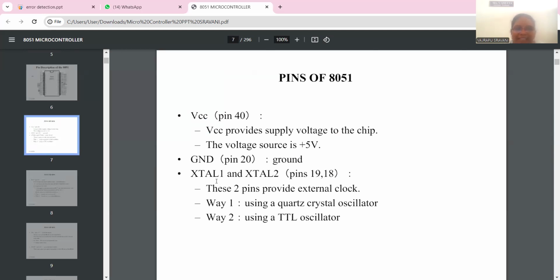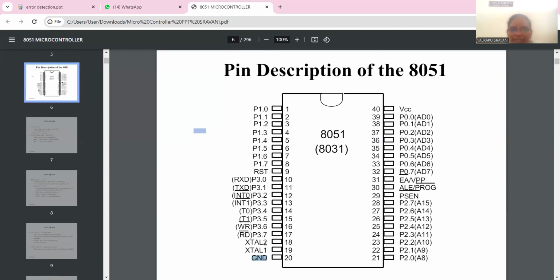Next are XTAL1 and XTAL2. XTAL1 is the 19th pin and XTAL2 is the 18th pin. In between XTAL1 and XTAL2, we use one quartz crystal. That quartz crystal is used to produce a 12 megahertz clock frequency.